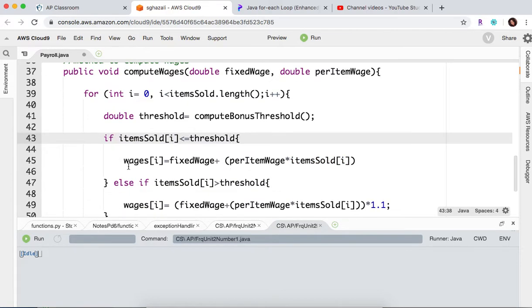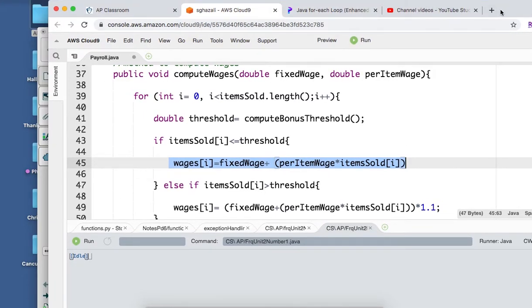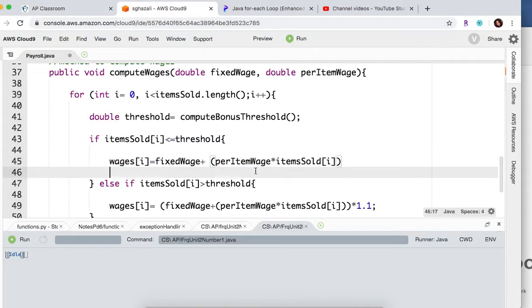That's it, because this calculation is if they didn't make the threshold. It's just the fixed wage. Here the example was 10, but we don't know what the fixed wage is. It's just a variable. Plus the per item wage times that element in items sold.